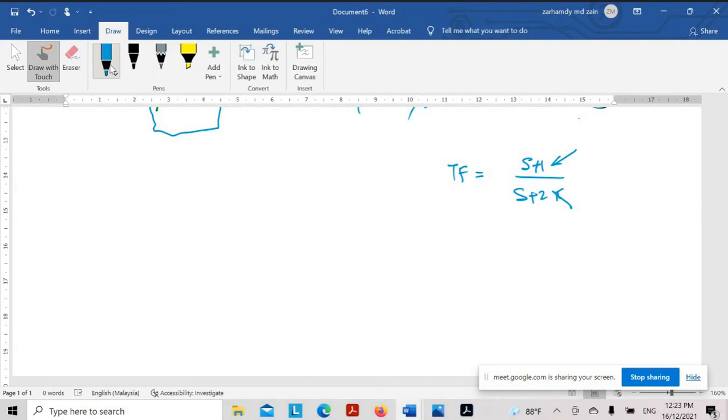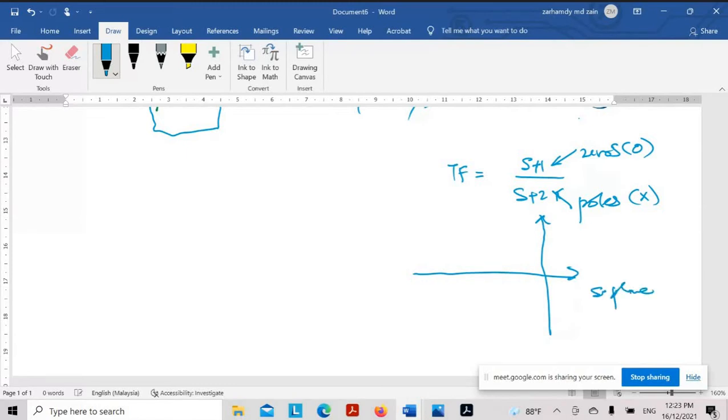Okay, on the numerator and denominator, we have zeros, and the symbol of the zero is O, and the pole is represented by the symbol X. So from here, kalau kita lihat kat sini, based on the S plane, what we learned in the first lecture, this is the real axis, this is the imaginary axis.